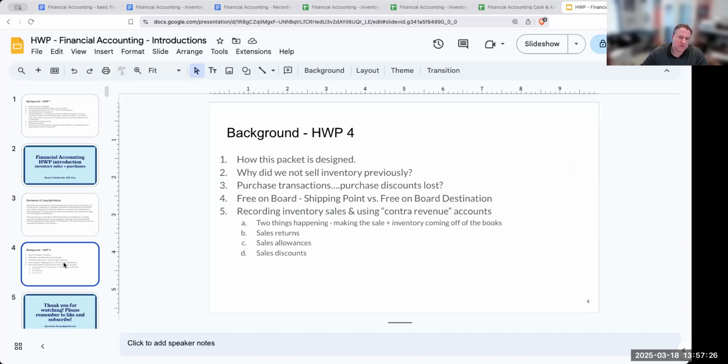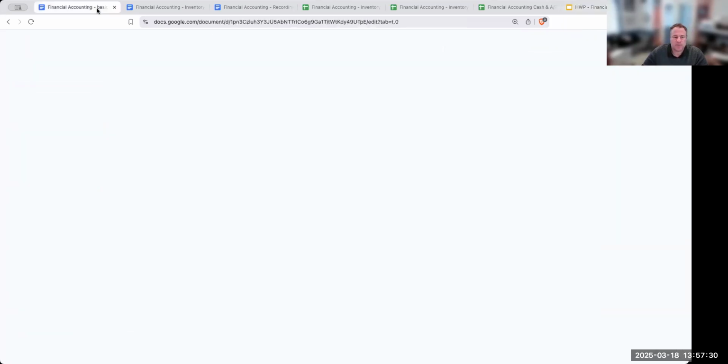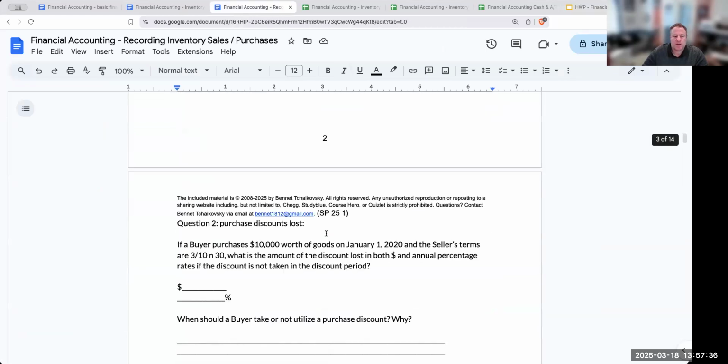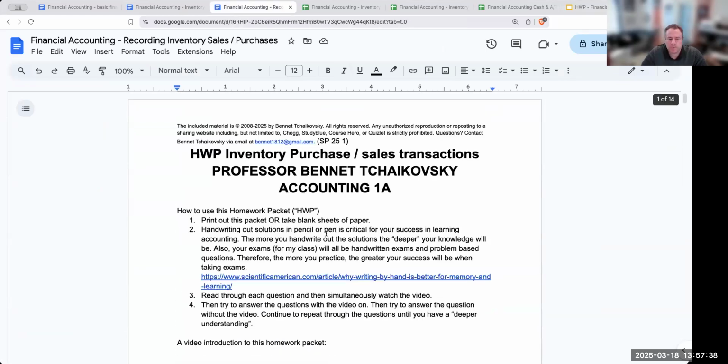So in terms of going through and looking at this particular homework packet, which is really going to be right over here, it is recording inventory purchases as well as sales and the different parts in this.